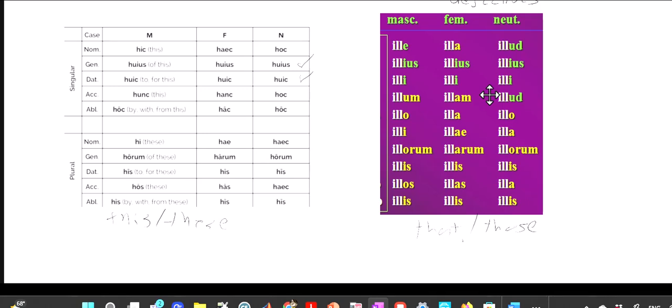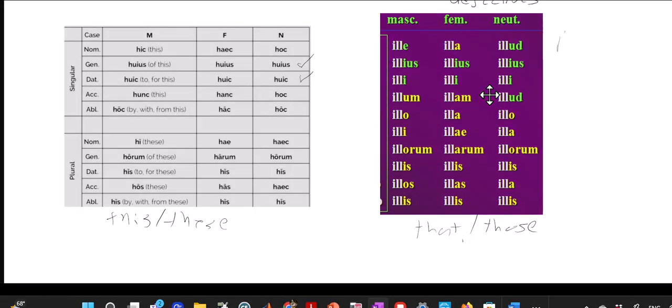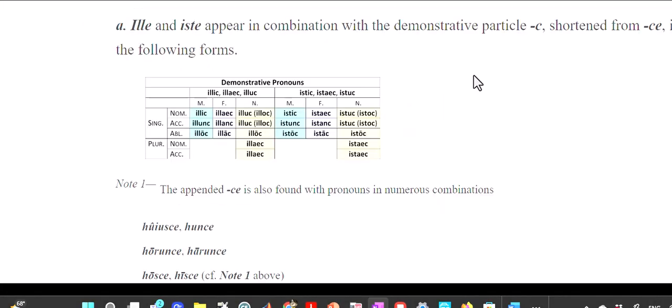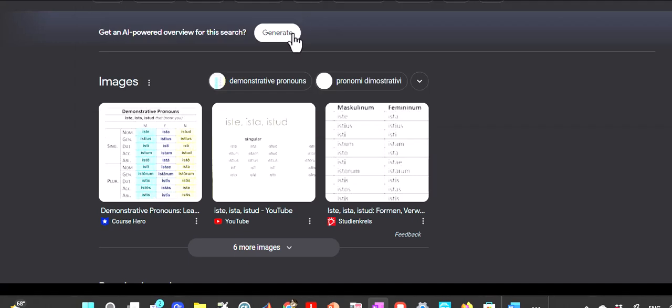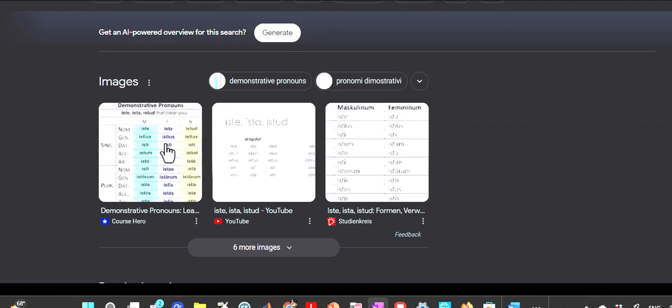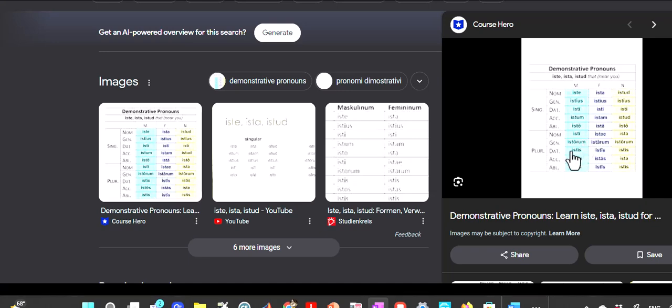And then iste, ista, istud is declined exactly the same way as ille, illa, illud, and it means that of yours. So iste, ista, istud.